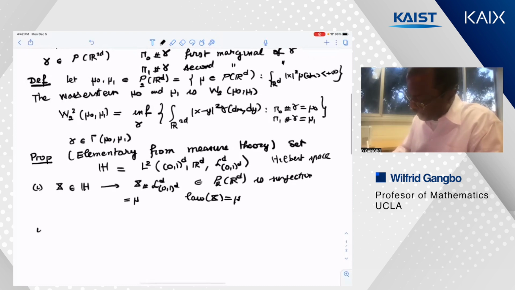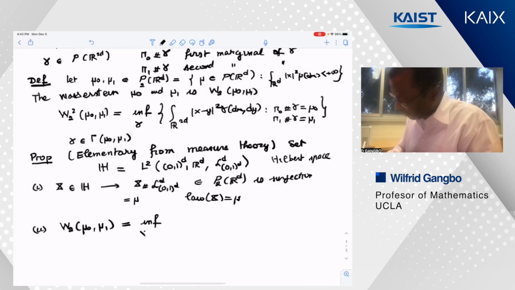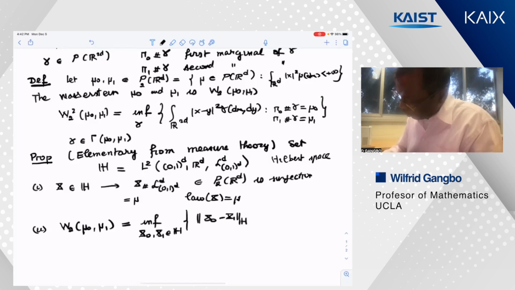And the second statement, once you have the first one, is that the Wasserstein distance between mu naught and mu 1 is the infimum over X naught, X1 in H of the norm, the Hilbert norm, of X naught minus X1, where you impose that the law of X naught is mu naught and the law of X1 is mu 1.